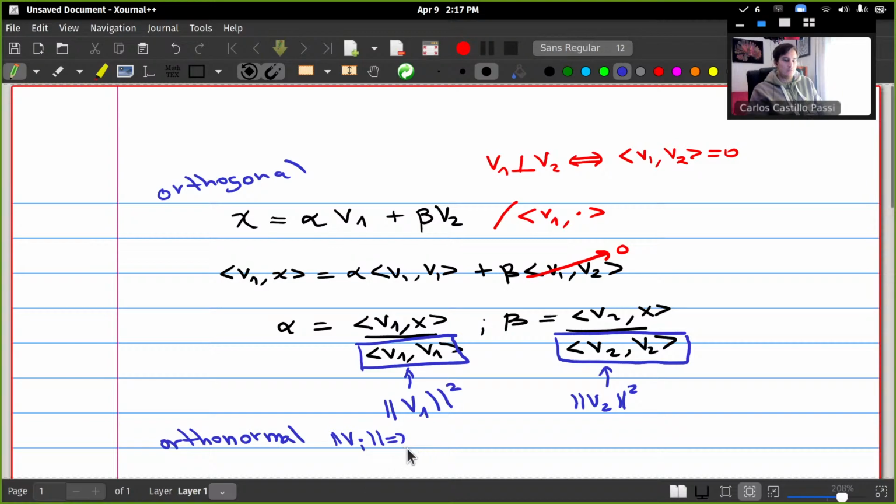And you can see now that the expression to arrive at the coefficients is even easier when the basis is an orthonormal basis, because the denominator disappears, right? Everything clear until here? Clear?